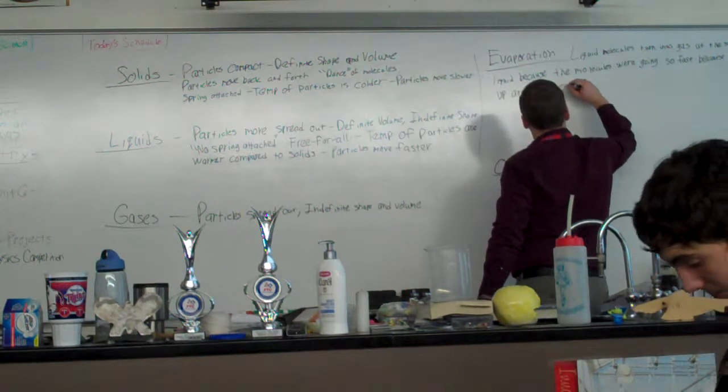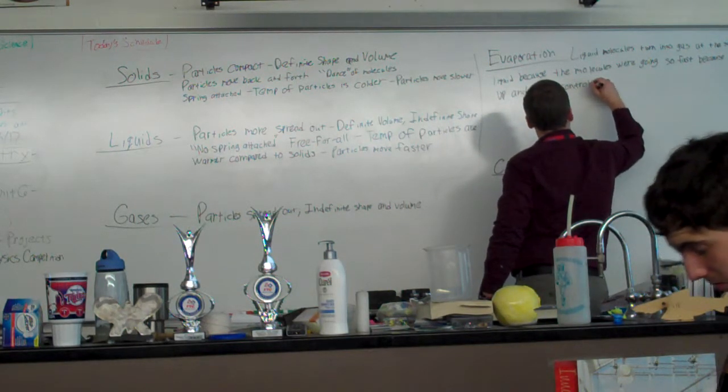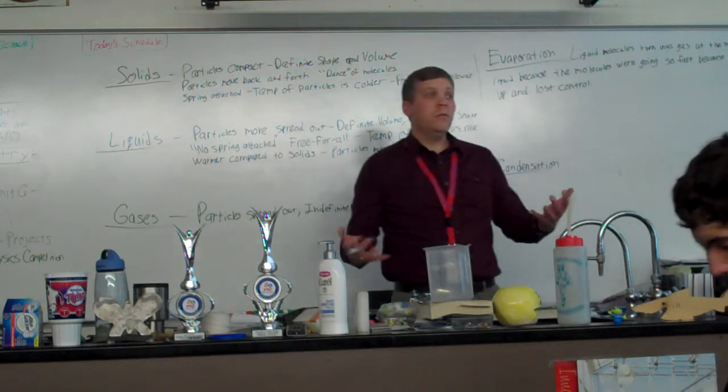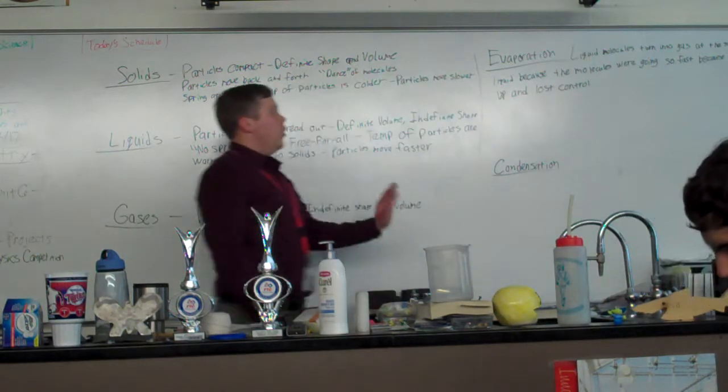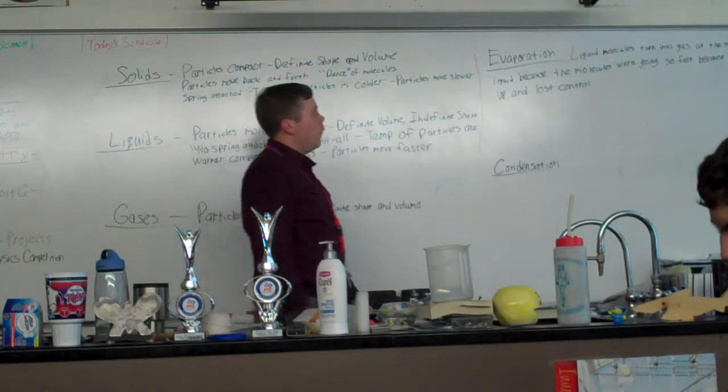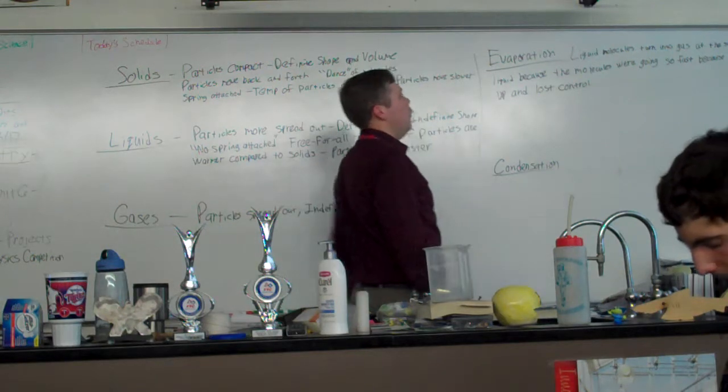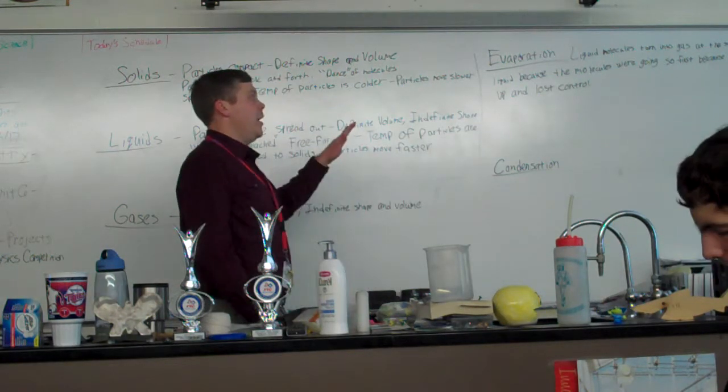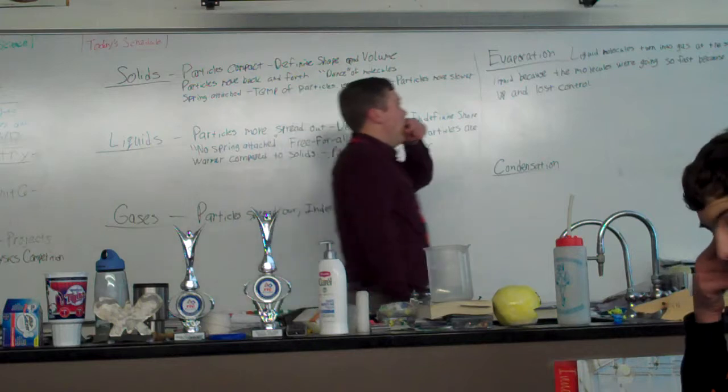I think that pretty much combines all of what you guys are talking about. Okay? Liquid molecules turn into gas at the surface of the liquid because the molecules are going so fast because they were heated up and they lost control.